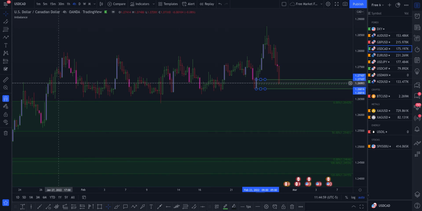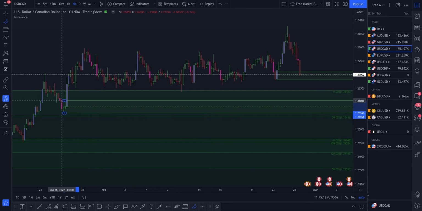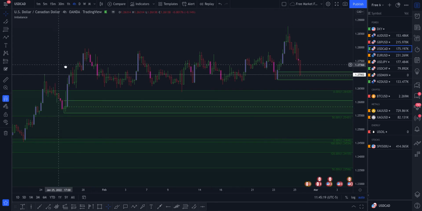Okay, we do have a 4 hour unmitigated demand zone, sitting right here where price could come back to push up.